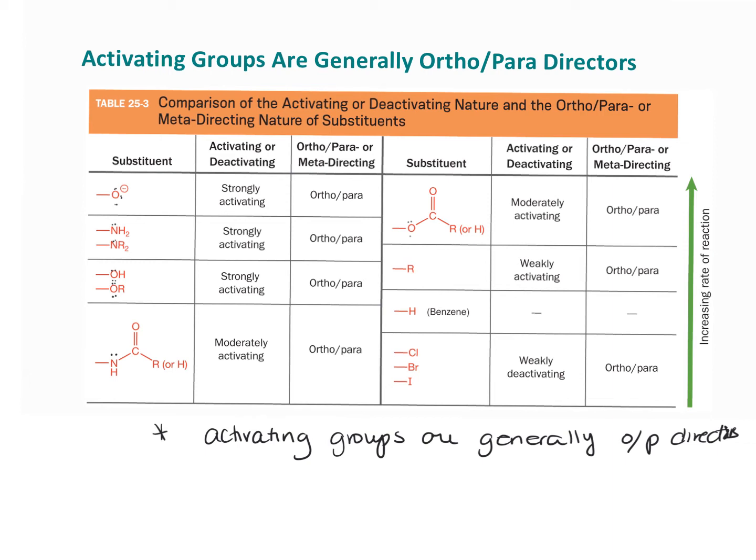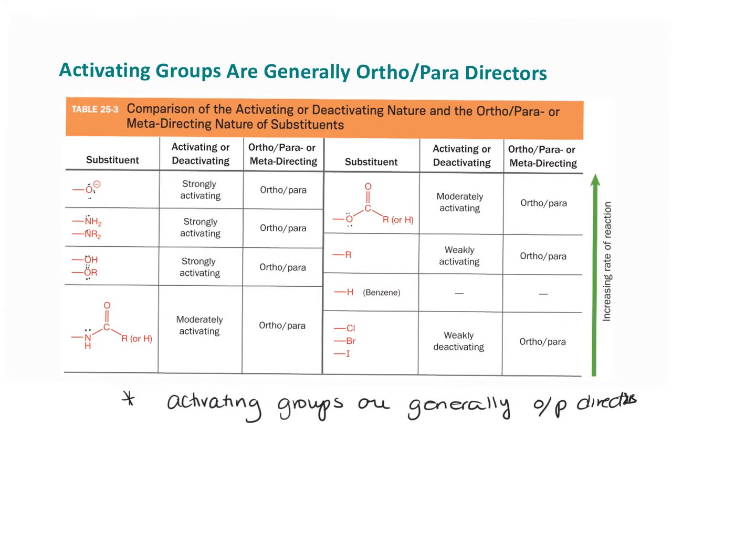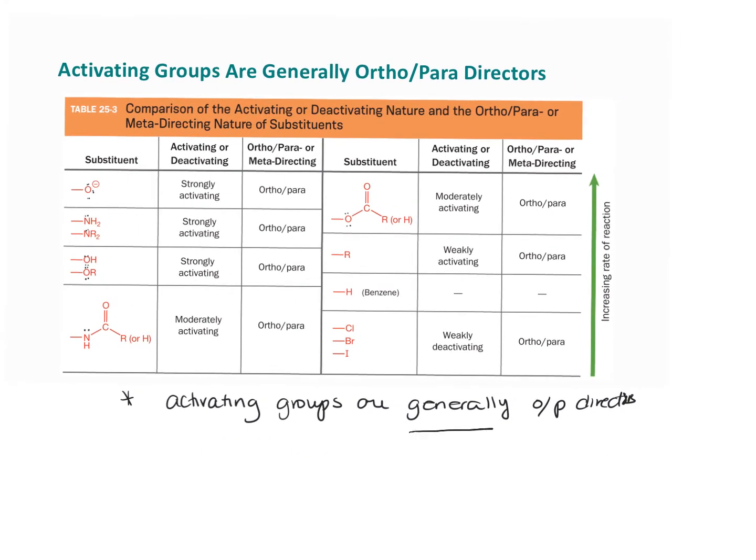So again, what we're looking at here are things with lone pairs of electrons attached directly to the benzene, right? Or R groups, okay? Now, there is an exception. So remember, I said generally here. I want you to see that these guys here, the halogens, are weakly deactivating, but they're still ortho-para directors.